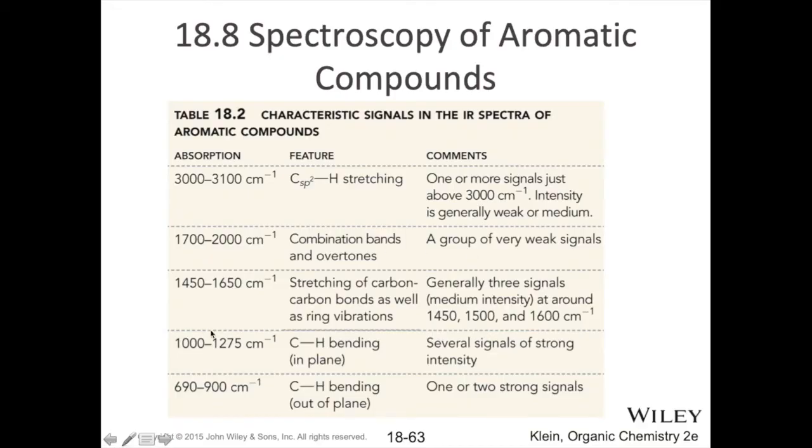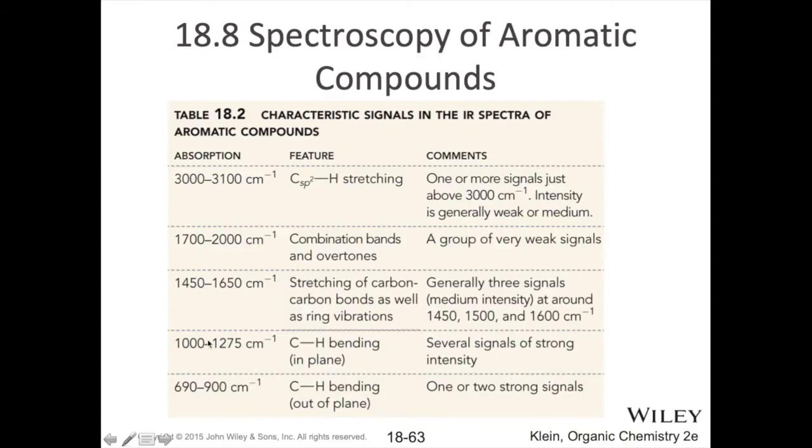Once we start getting into the fingerprint region, of course, now you tend to have a mess of peaks here, and sometimes it's a little harder to read. But that being said, there are distinct peaks that aromatic compounds tend to have. In that 1450 to 1650 range, you should see three medium intensity signals that represent the stretching of those carbon-carbon bonds, as well as ring vibrations.